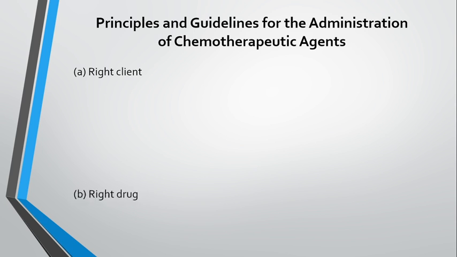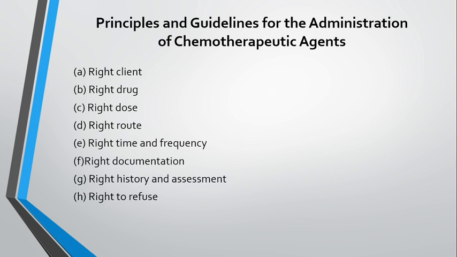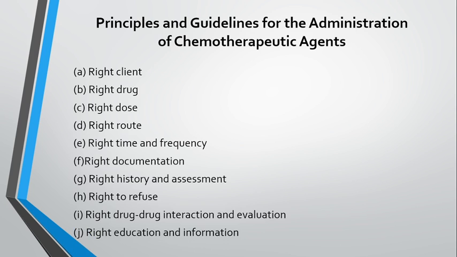So it has to be right client, right drug, right dose, right route of administration, right time of administration and the frequency of administration, right documentation, right history and assessment, right to refuse, right drug to drug reaction and evaluation, and right education and information.